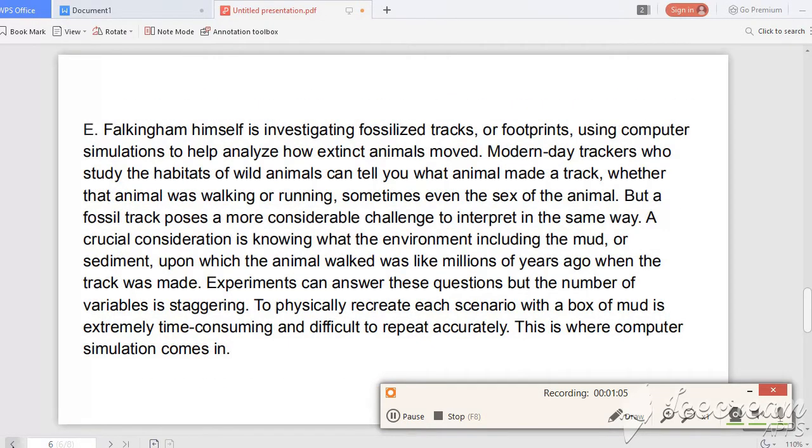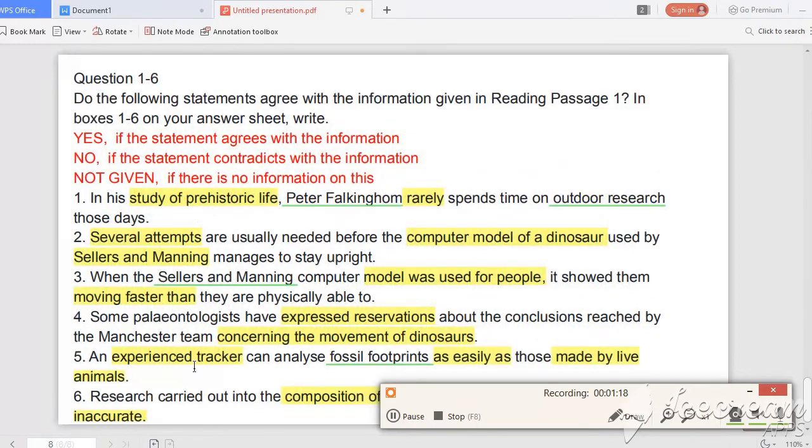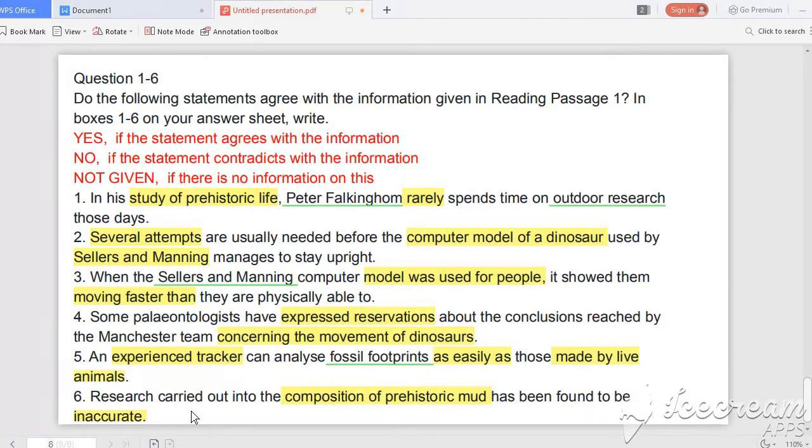But in our paragraph, it's mentioned that to interpret a fossil track is more challenging. Okay, so the answer of this question should be no. Okay, so now let's move to the last question.